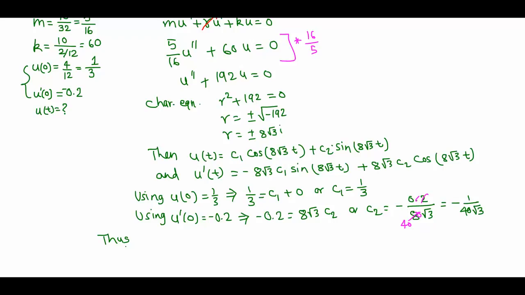Thus the motion of the spring at any time u(t). So we go back here, that's the solution, and we just found c1 and c2 using the initial conditions.